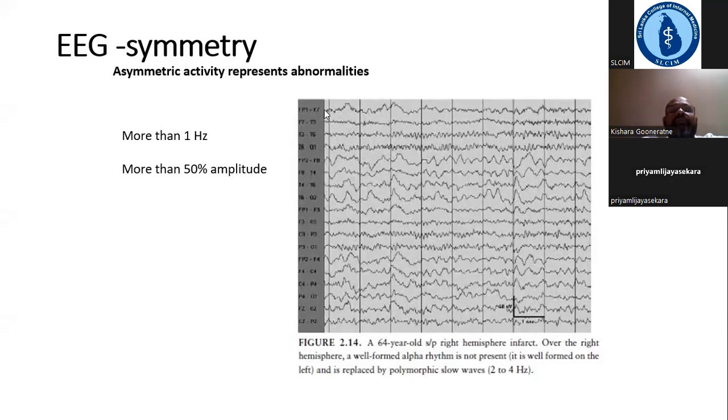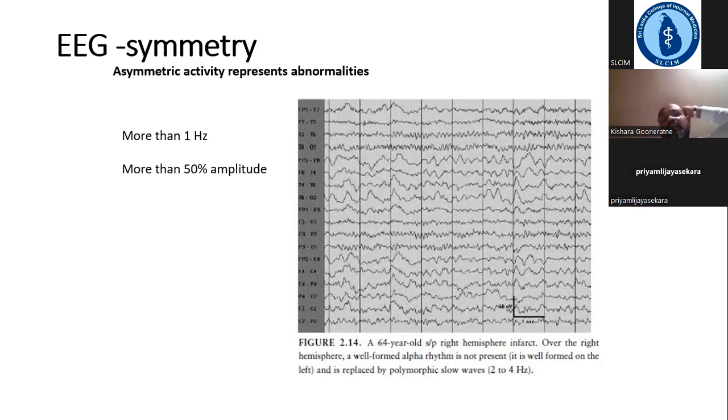You can see that the right hemisphere leads, FP2, F8, T4, these are all even numbers. So the leads that involve the right have amplitude that is much slower than we would expect, the frequency is much less, and the amplitude is greater than the other side, the left side.